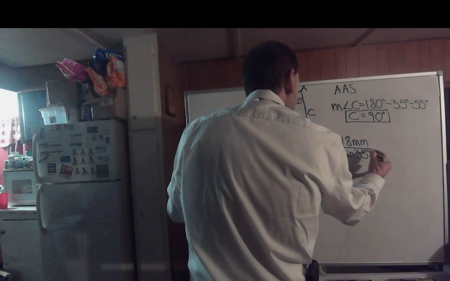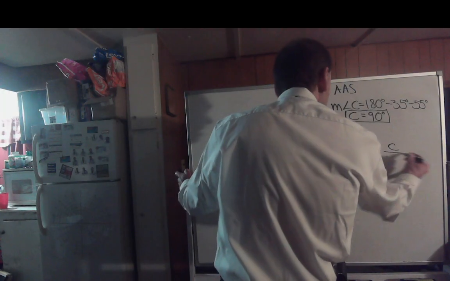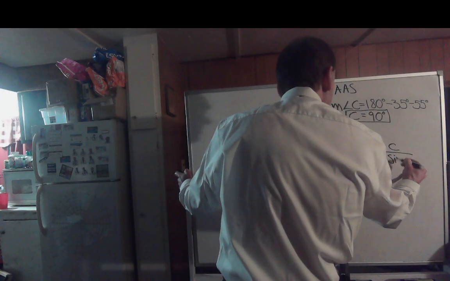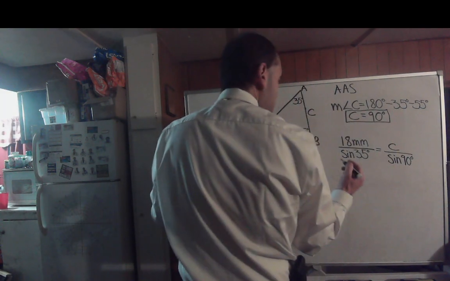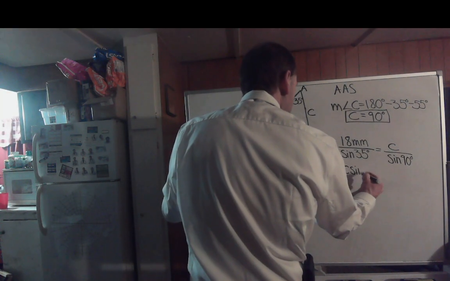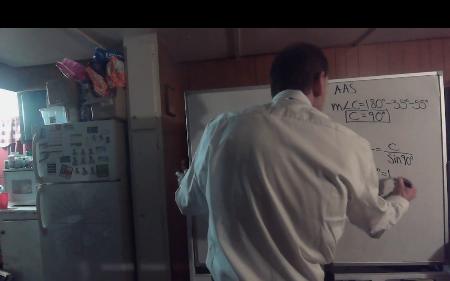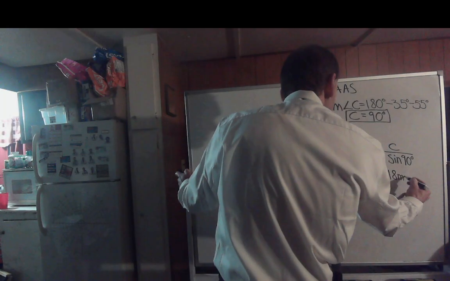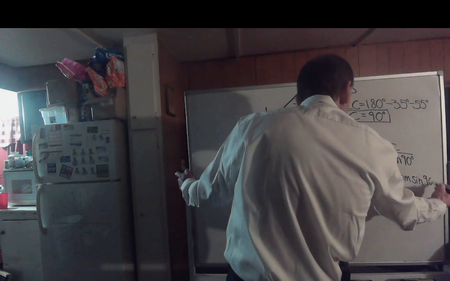So we're trying to find side C, so set that equal to C all over the sine of 90 degrees. Well, then that means that C times the sine of 35 degrees equals 18 millimeters times the sine of 90 degrees.